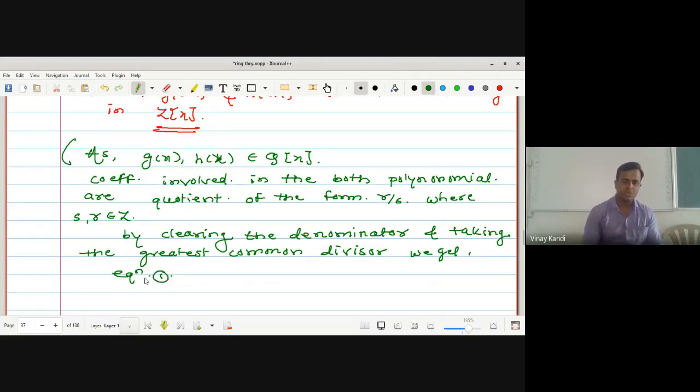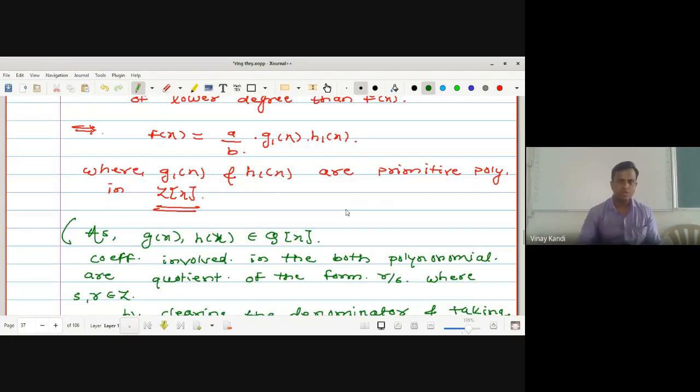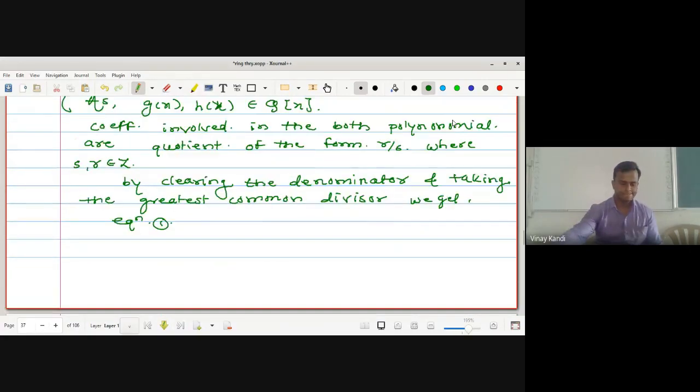What is equation number 1? This one: f of x is equal to... So we get equation number 1, and the remaining polynomials are primitive polynomials.